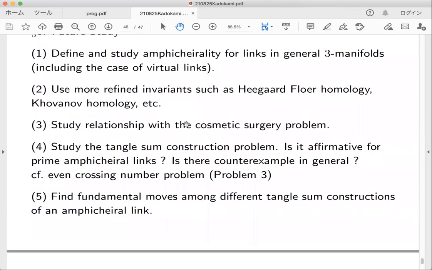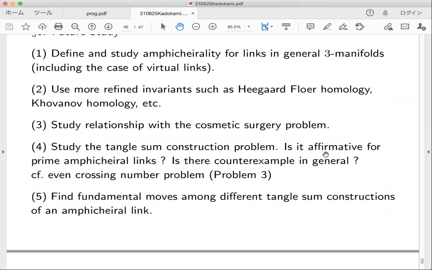The third one is to study the relationship with the cosmetic surgery problem, from Dehn surgery theory. The fourth one is to study the tangle sum construction problem.